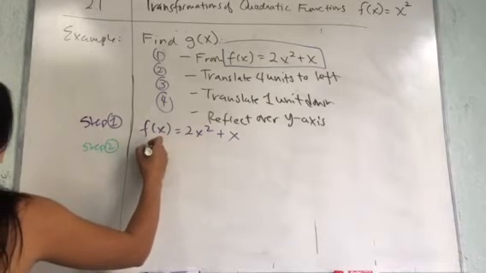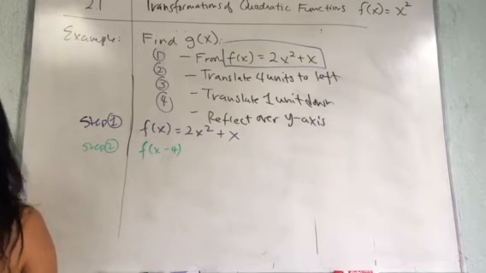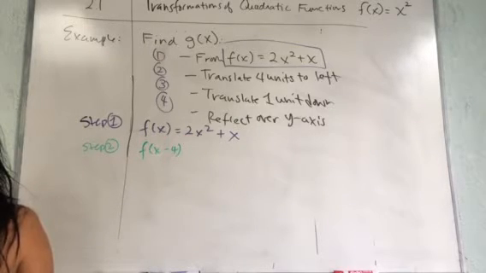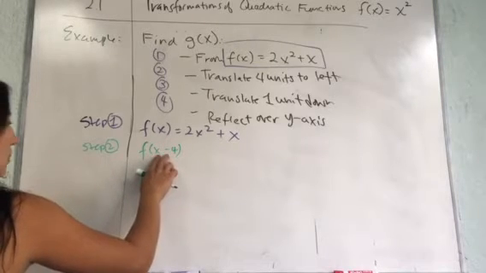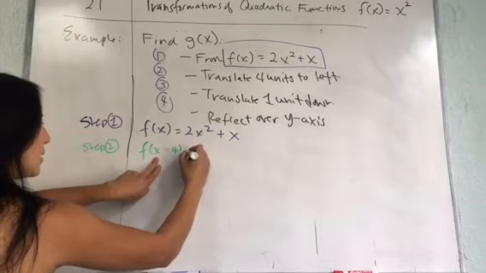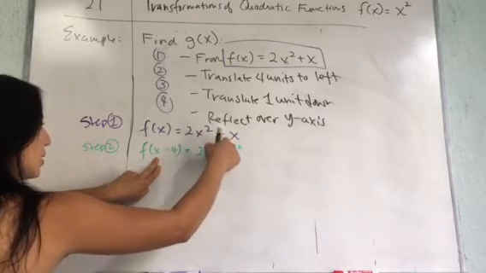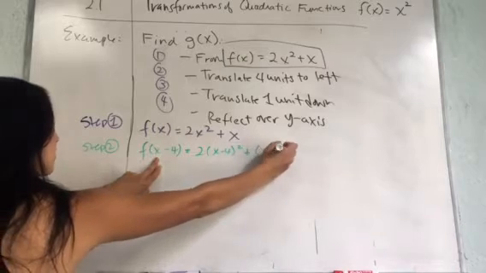So essentially what we need to do is find f of x minus 4. Now, if I plug an x minus 4 into the function, I have to put it into every x that I see here. So when I see an x, I'm going to put in x minus 4.